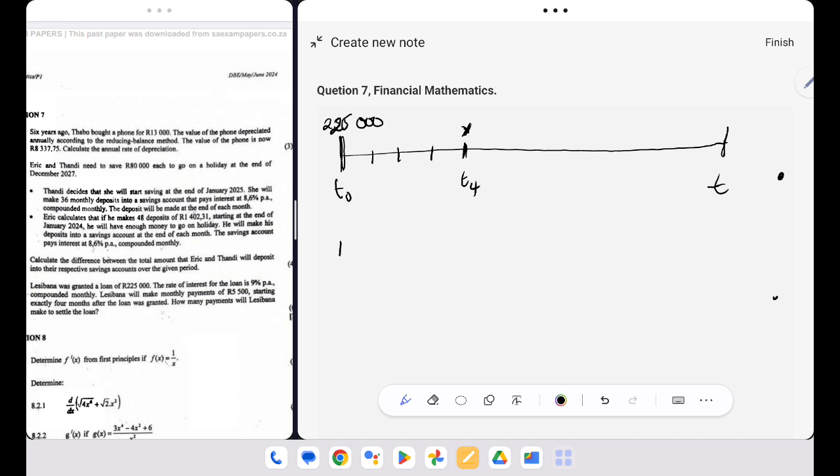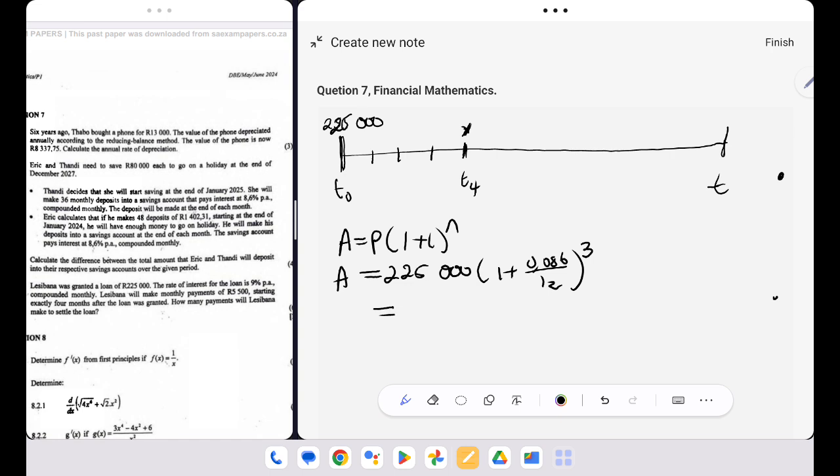Okay, so firstly, I know that this value of the loan needs to accumulate interest for 3 months. I know initially it was 225 plus 0.086 over 12. Lisibana only missed 3 payments.